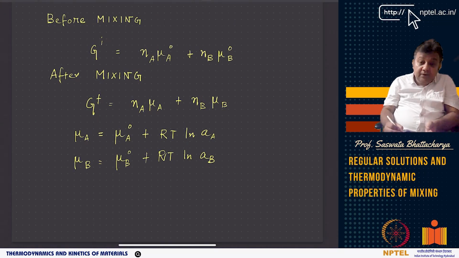So now let us look at mixing. What happens in mixing? We have some moles of A in a container, and some amount of B in another container, and you are mixing them together. That's the idea.